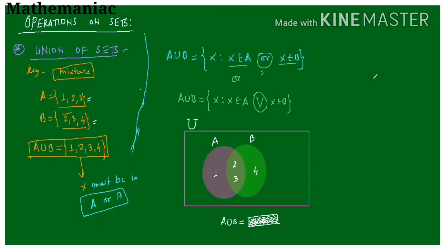Okay. Now I'll be going for the next board for explaining the next operation. The next operation is intersection of sets. Intersection of sets.